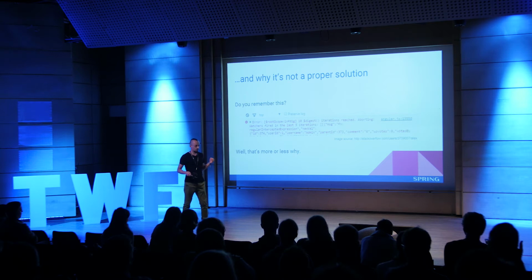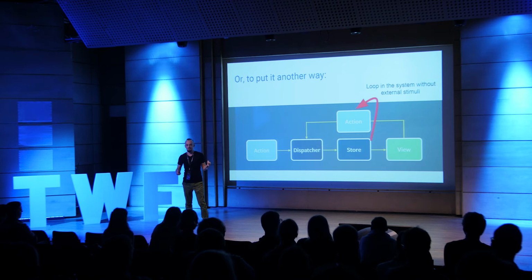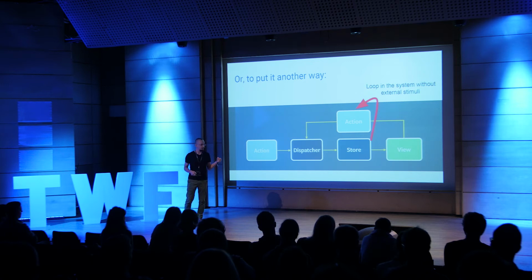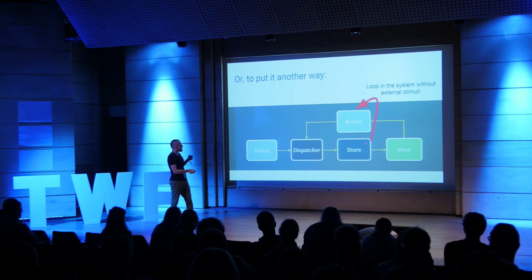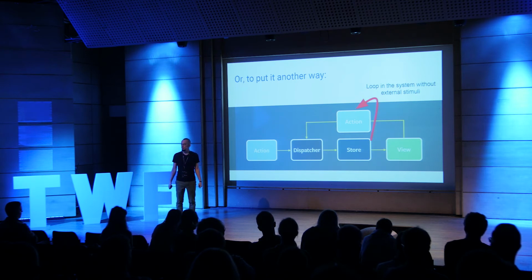Now, this is also what Flux Dispatcher is trying to do to prevent us from falling into that trap. Because what we basically did is we introduced this alien arrow in the diagram from the store to action. And now observe one thing. When the control flows from an action to dispatcher to the store, and back to action to dispatcher to the store, there's no user intervention inside, right?